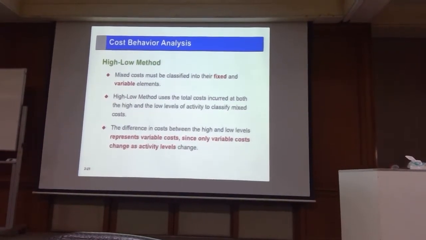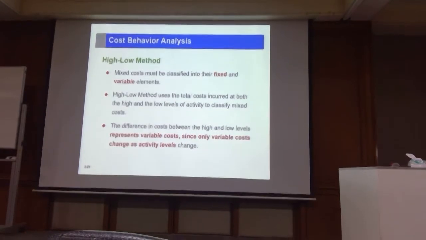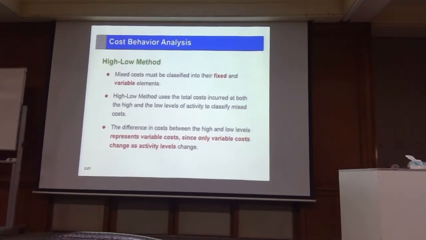If you have the mixed cost and you want to separate the fixed and variable portions, we can use the high-low method, okay? The high-low method is used to separate fixed and variable elements. The high-low method tends to use the total cost incurred at both high and low level of activities, okay?